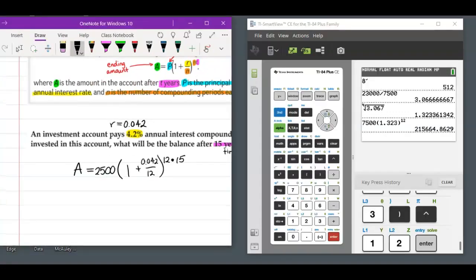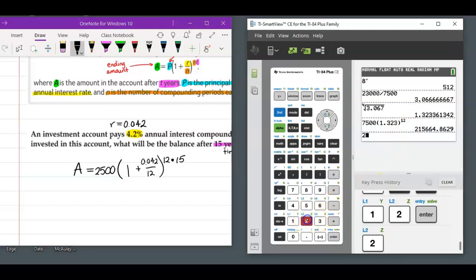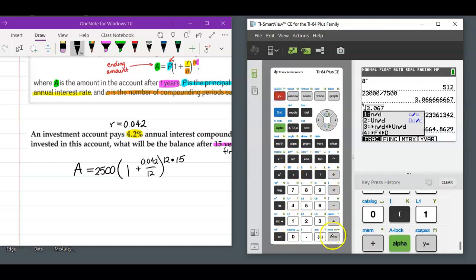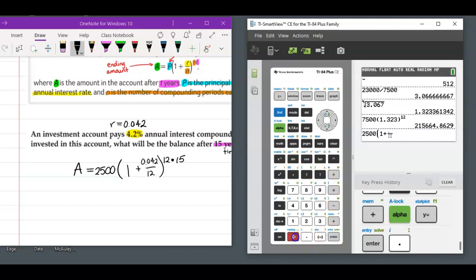Let's take a look at what this will look like on our calculator. First, we'll type 2,500. Alpha y equals 0.042 divided by 12.